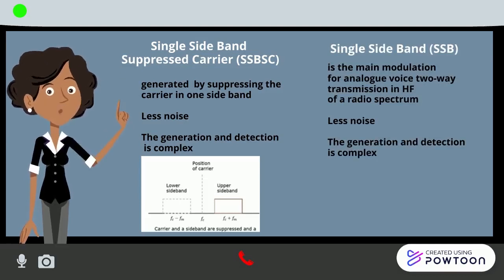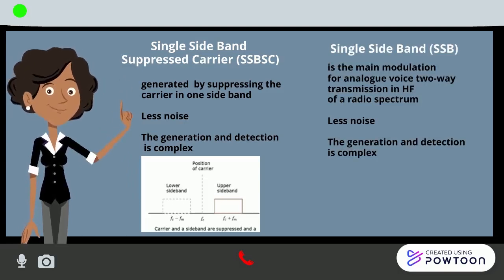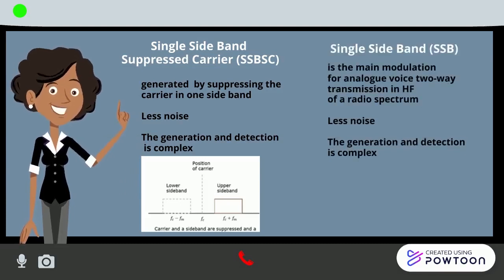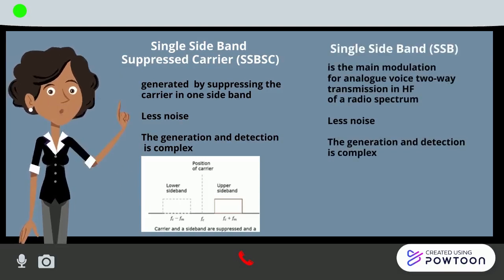The carrier and the lower sideband are suppressed, hence the upper sideband is used for transmission. Similarly, we can suppress the carrier and the upper sideband while transmitting the lower sideband. This SSBSC system, which transmits a single sideband, has high power, as the power allowed for both the carrier and the other sideband is utilized in transmitting this single sideband.